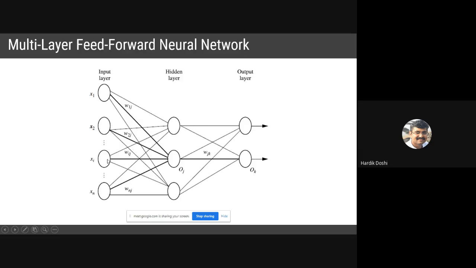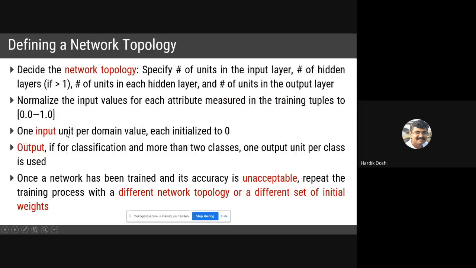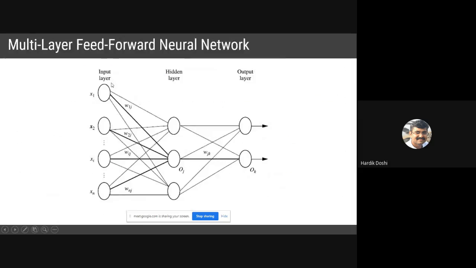So you need to provide the values to them as an input: x1, x2, x3, x4 and so on till xn, whatever number of inputs are there. I told you earlier, one input unit per domain value. So one domain value age, second domain value income, third domain value credit rating, fourth domain value student. So this is your input layer where you will be giving your inputs.